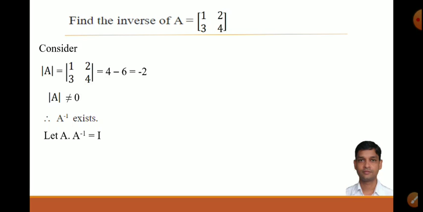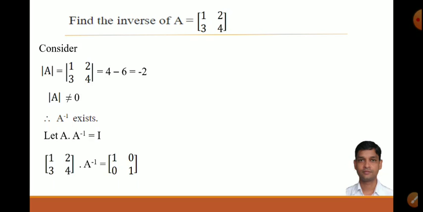Let A into A inverse be identity. That is the definition: A into A inverse is identity. Now put the values of A and identity. So A is 1 2 3 4, take A inverse as it is, and I means 1 0 0 1, the identity matrix. We have written that matrix in that place.